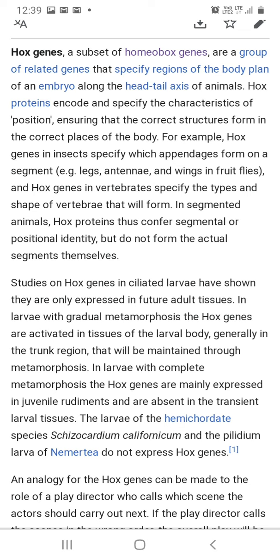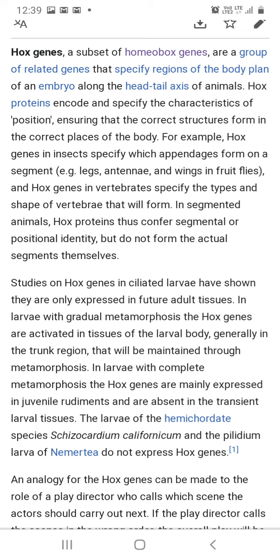For example, antenna should be formed in the head region, wings and legs should be formed in the thoracic region. So the Hox genes, as I have already talked about, contain 8 genes, and these genes ensure that the correct structure forms in the correct place.